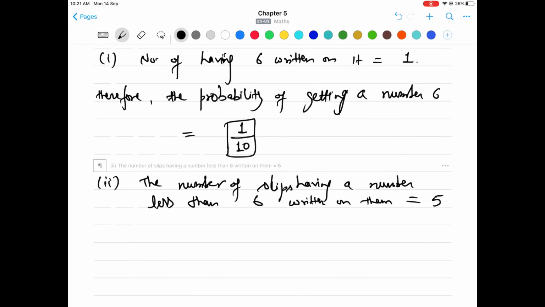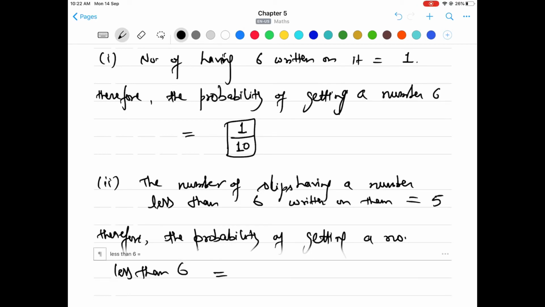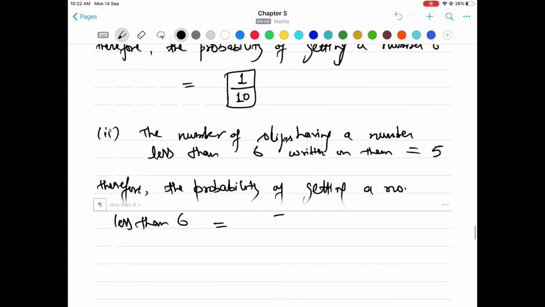Okay, so now the probability of getting a number less than 6 is equal to, the number of slips which have a number less than 6 is 5, and the total number of slips is 10.